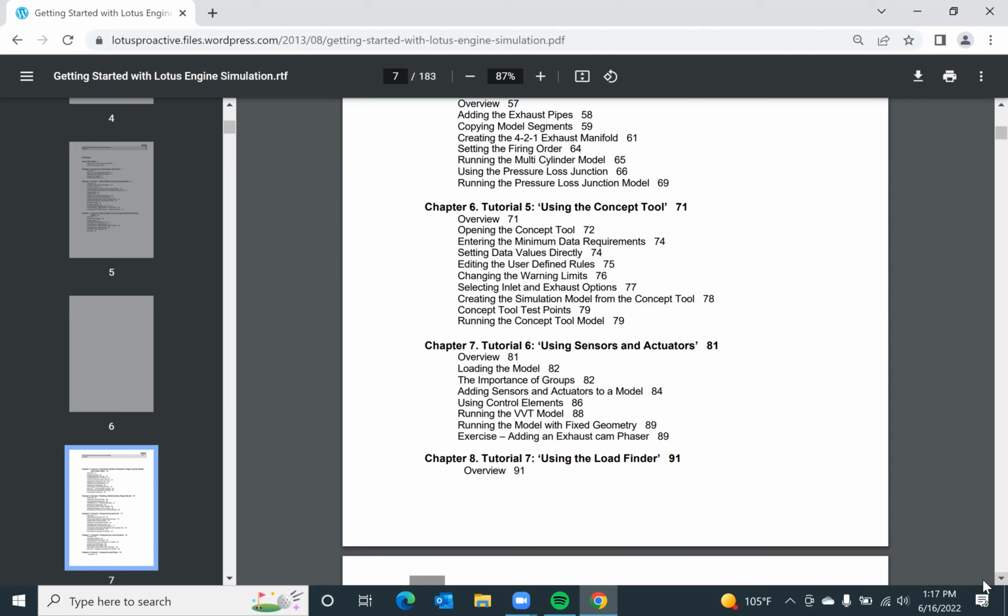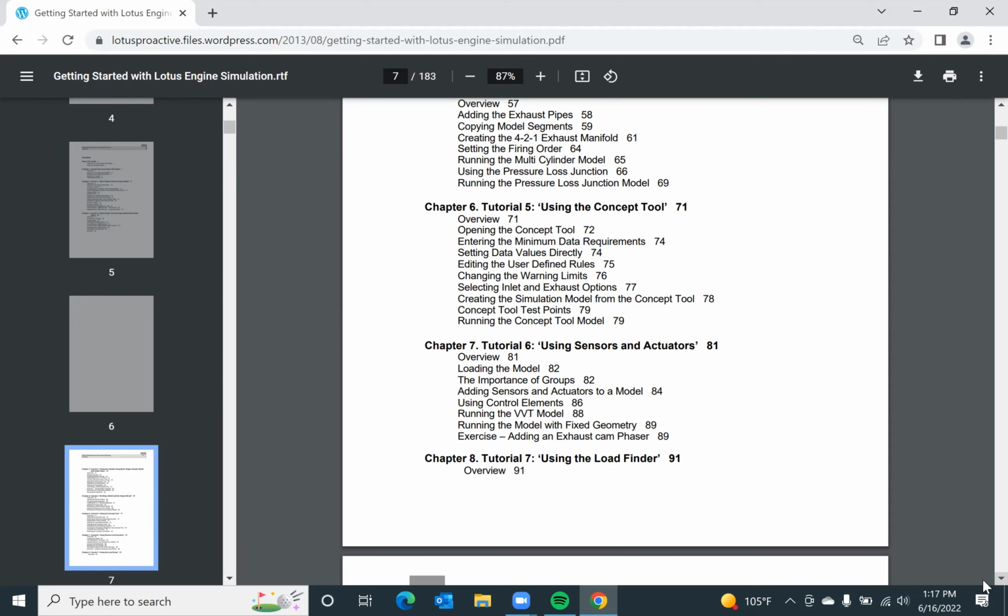And when you go to industry, if you are familiar with Lotus engine simulation, that would be a stepping stone. Because in industry you would be using more advanced software like Ricardo engine simulation, and GM and Ford have their own software and own databases. You'll be working with those, but the underlying principles are the same.